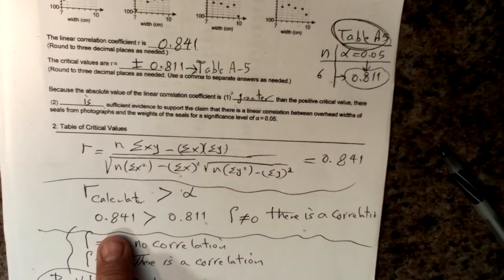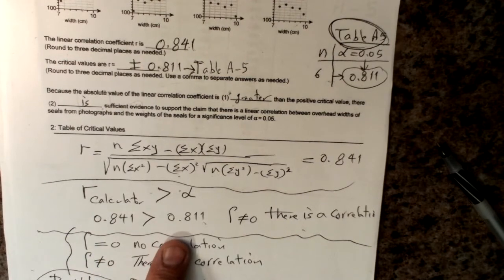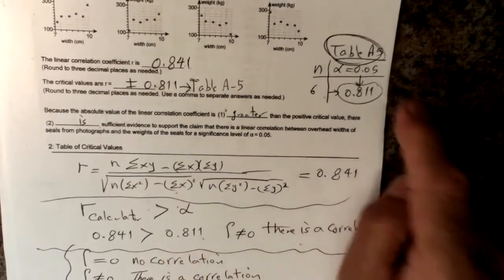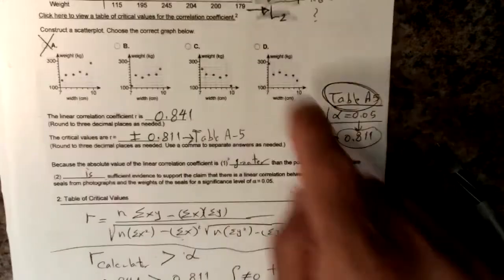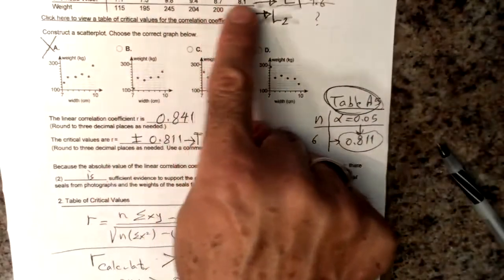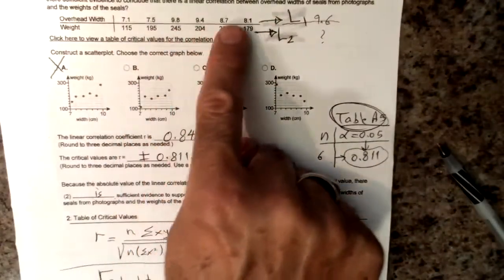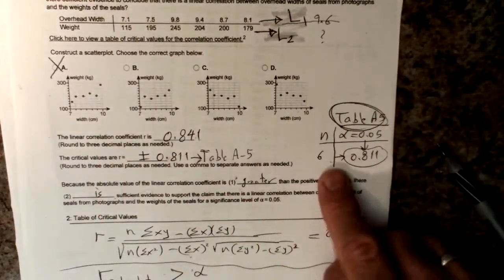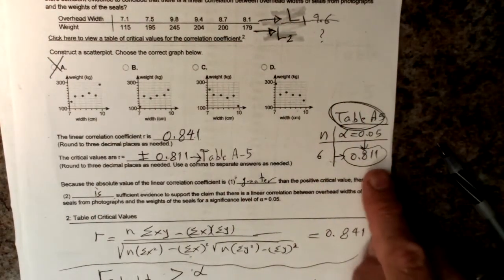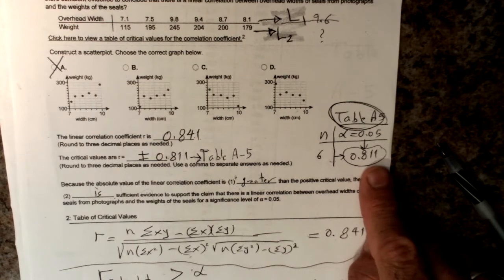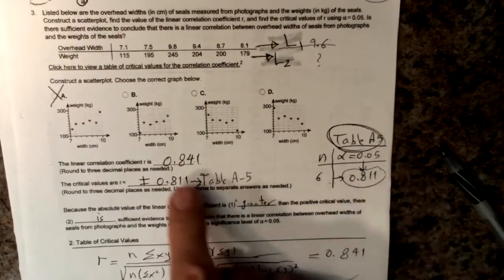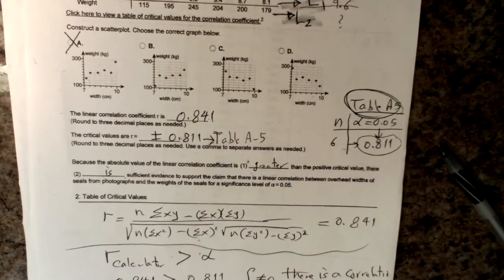R of the calculator must be greater than the R of the table. Alpha is always 0.05, N is 6. Why? Because there are 1, 2, 3, 4, 5, 6 numbers. From table A5, you must have a minimum of 0.811. What do we have? Very close, 0.841. It still is greater, so you have a good correlation.